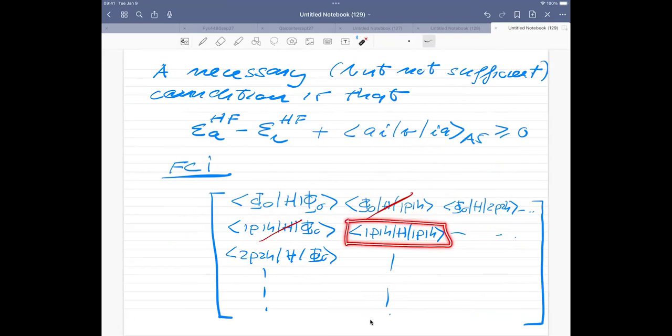Keep in mind that when you run a Hartree-Fock calculation, these matrix elements get changed. We haven't zeroed out these ones. But if we don't want to diagonalize the full matrix, we can just diagonalize the one particle, one hole block, ignoring these ones. So we are simply ignoring the contribution from two particle, two hole excitations. And that is a way to approximate the full diagonalization problem.